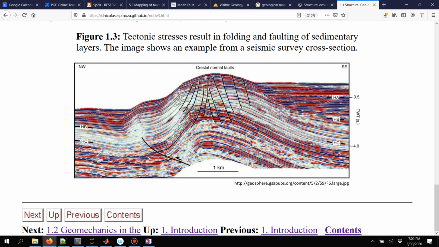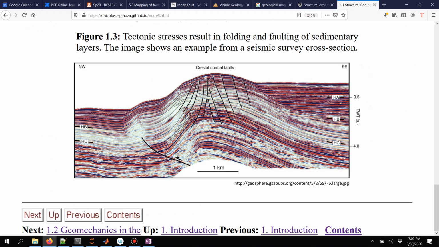In this case, you see a reverse fault. In this other case, you see normal faults. And again, it is that discontinuity of these impedance contrast lines that tells us that there is a fault.